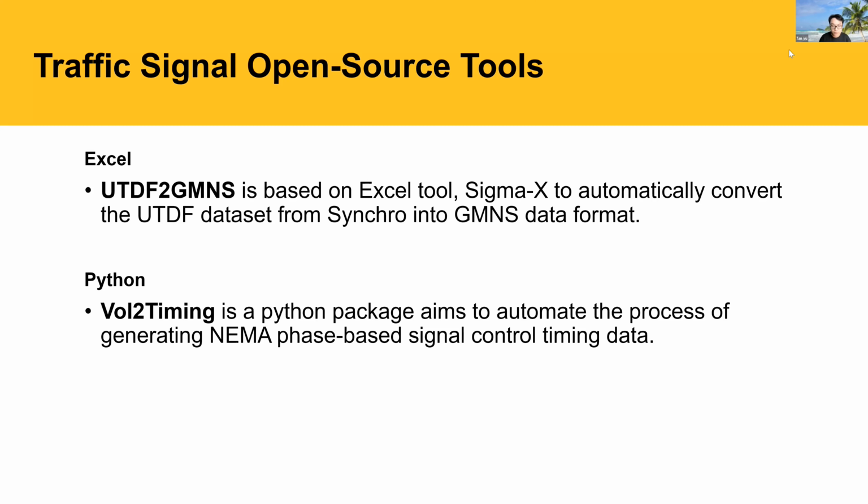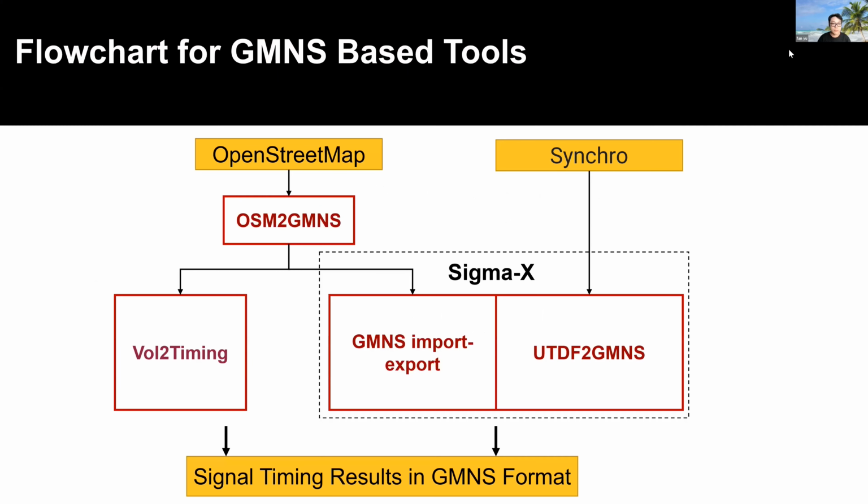I also made an overall flow chart for the related tools about today's topics. On this chart, from the left-hand side, the data is coming from OpenStreetMap, and we will use the OpenStreetMap to GMNS Python tool to convert the map information into GMNS data format, and it will serve as the input for Volume to Timing, and Volume to Timing will generate the traffic signal timing estimation result in GMNS data format.